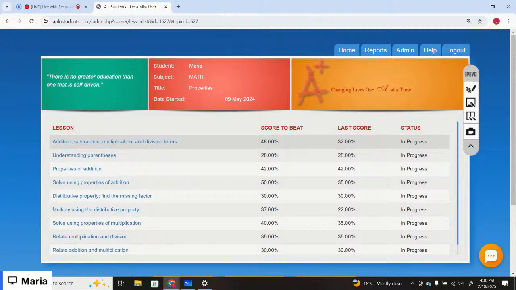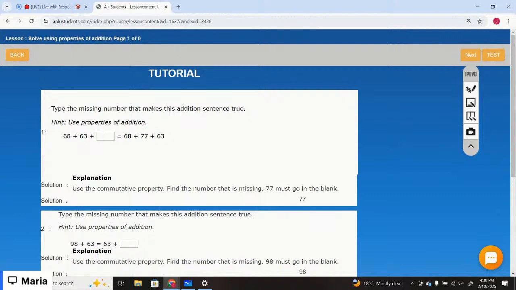The next lesson is solve using properties of addition. So we have learned the properties of addition. Now we're going to use them and we have to see how do we add. Type the missing number that makes the addition sentence true.